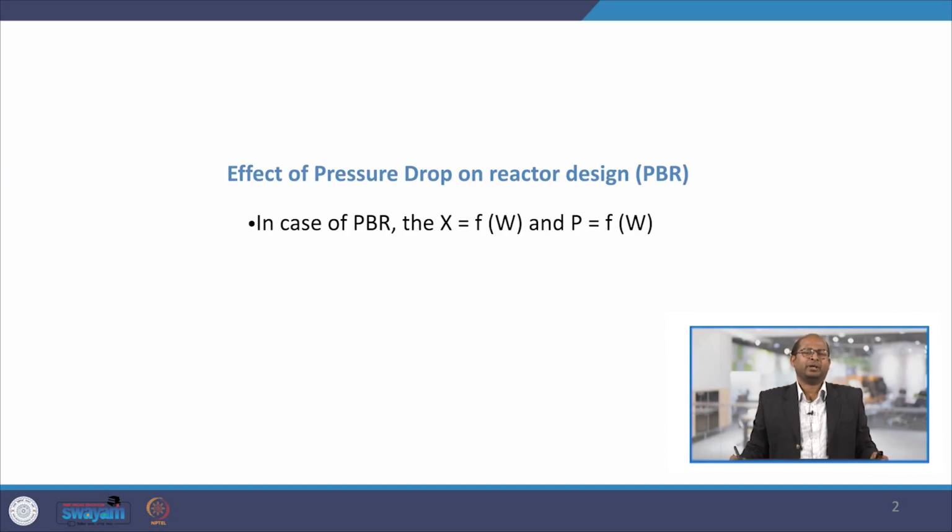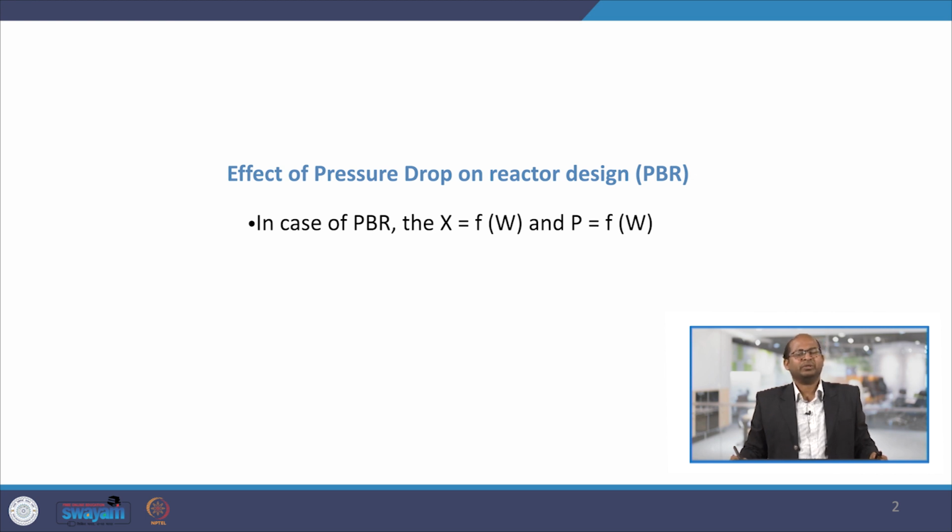So, in packed bed reactors, when a heterogeneous catalytic reaction is there, let us say a gas and solid phase reaction, where the reactant is the gas and the catalyst is in the form of solid, that would be placed inside the packed bed reactor.